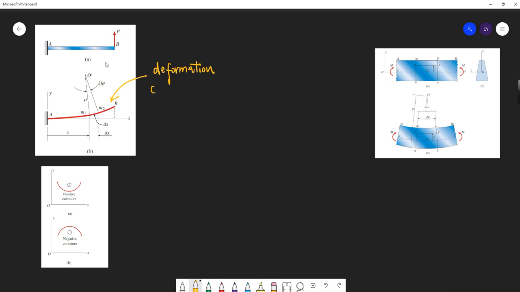It's like a curve. So curve. This is the center of curve.